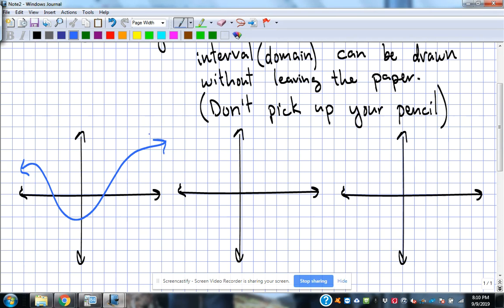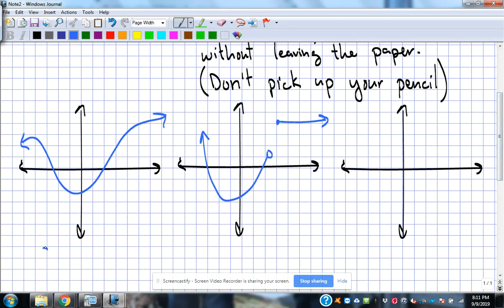Here is an example of a discontinuous graph. That one is discontinuous because if I try to trace it, I've got to stop, pick up my pencil, and move to another spot and start again. So that's discontinuous. Okay. So here is continuous.